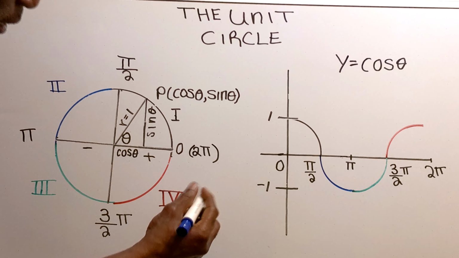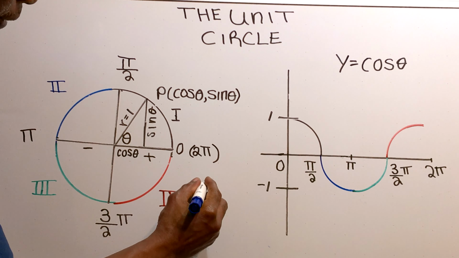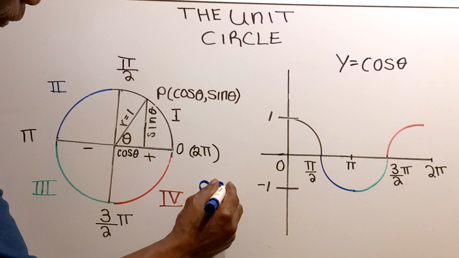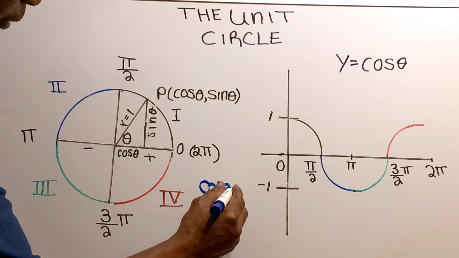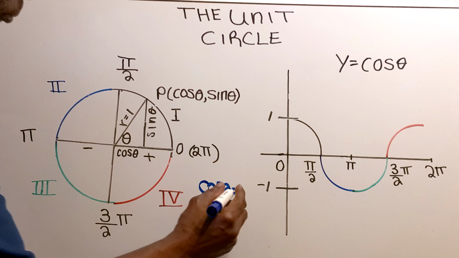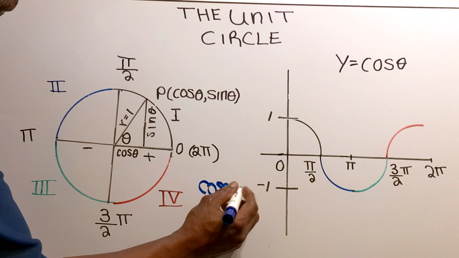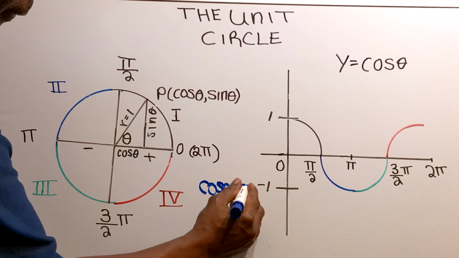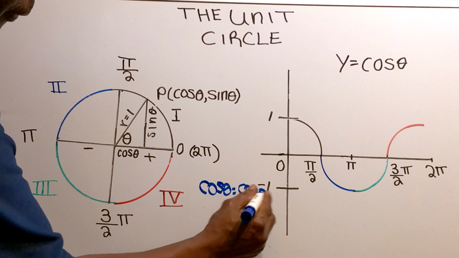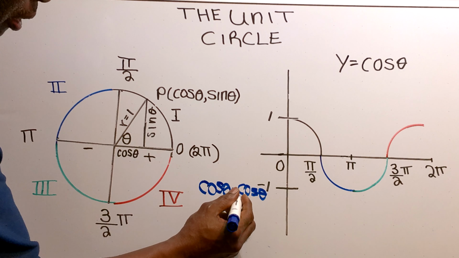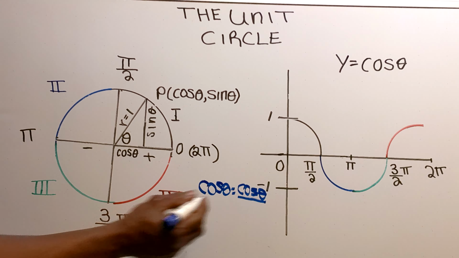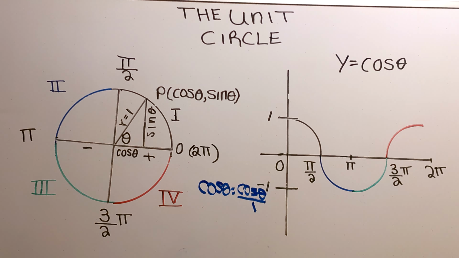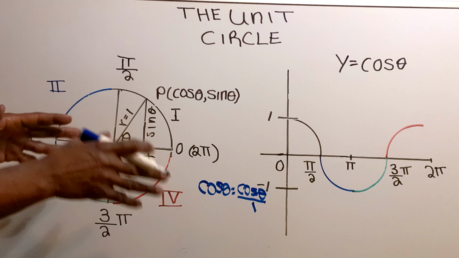So the cosine theta equals, in this case, the cosine over the length of the radius, which equals 1. So that is what we were working with.